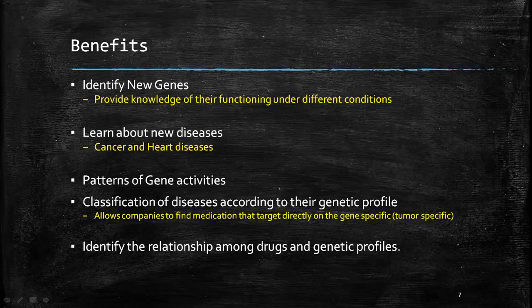Identifying the patterns of gene activities leads to classification of diseases according to their genetic profile, which would be an added advantage to the companies to find medication that targets directly the gene-specific or tumor-specific. Identify the relationship among drugs and genetic profiles. This could be done by studying the correlation between toxicants and the changes in the genetic profiles of the cells exposed to such toxicants.